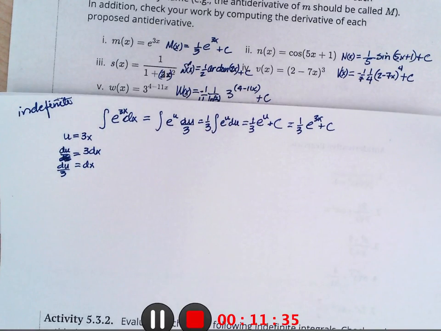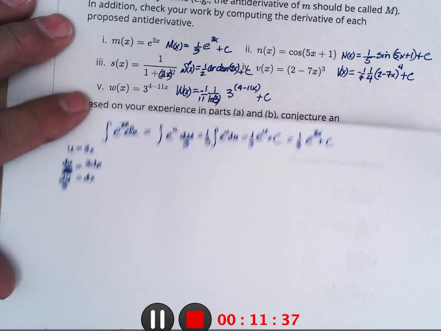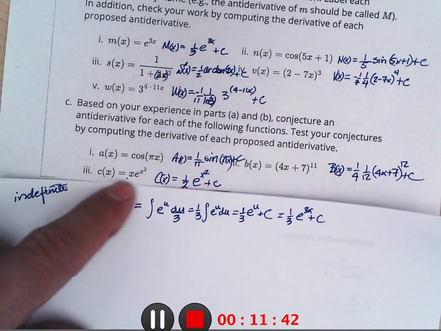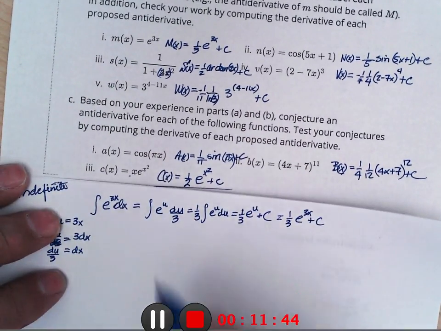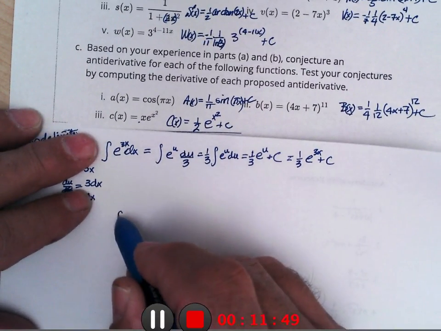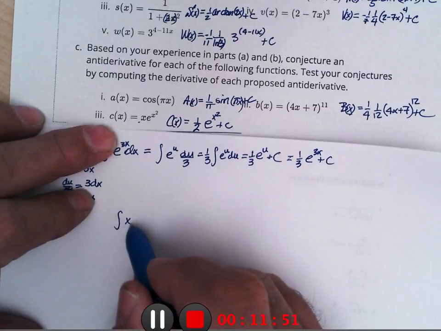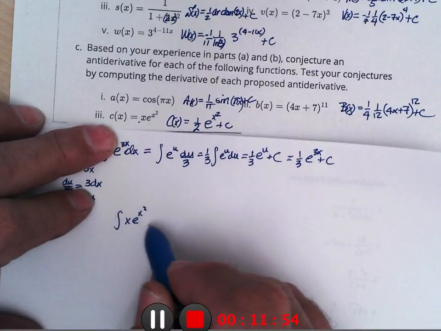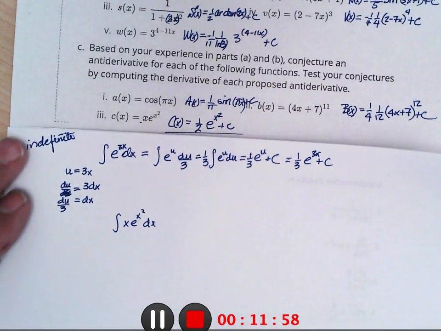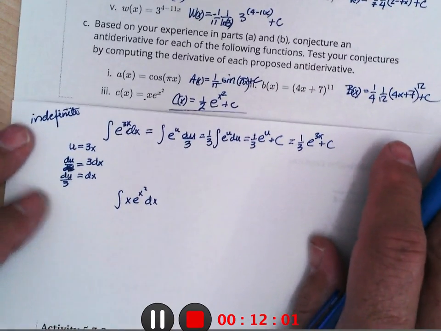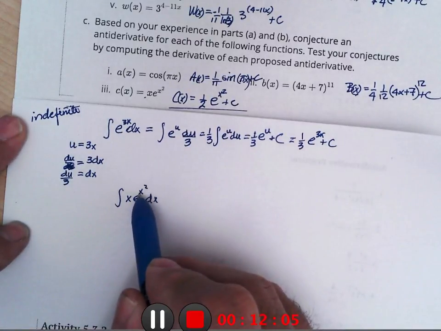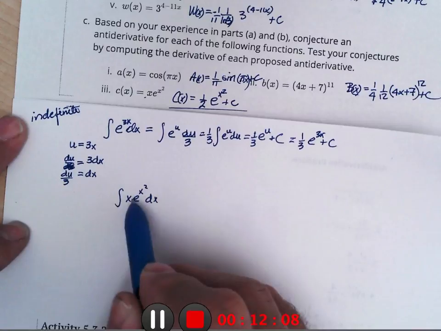Let's do another one. Let's do this more complicated one. This one here, which says, please find for us the antiderivative of x e to the x squared dx. Now, when we're doing U sub, we've got to get used to figuring out what we're really looking for. So what's making this one complicated is the x in front and the x squared.